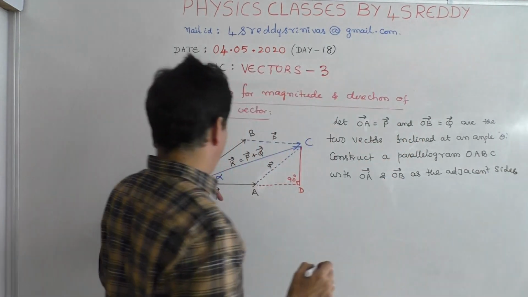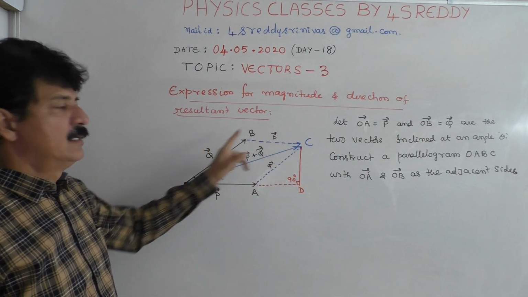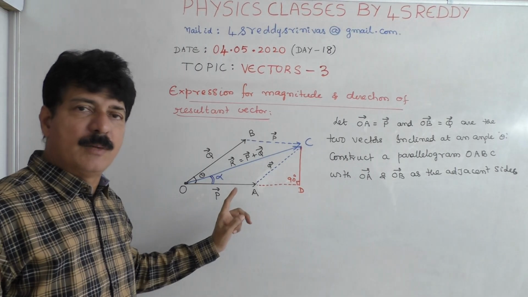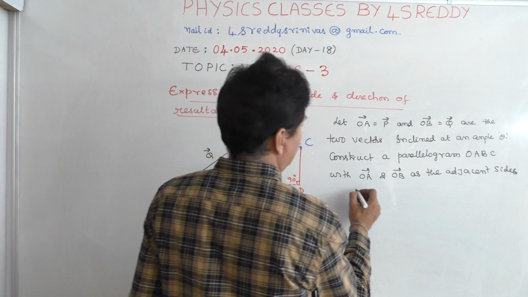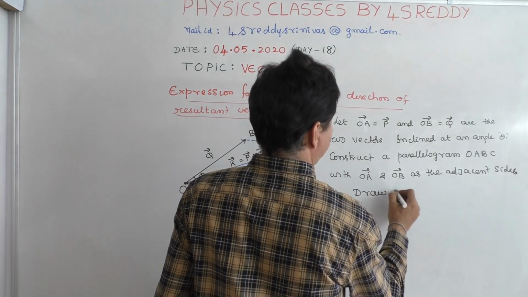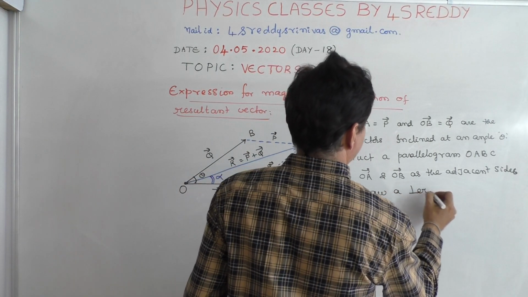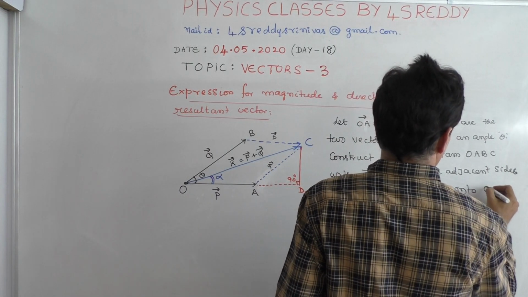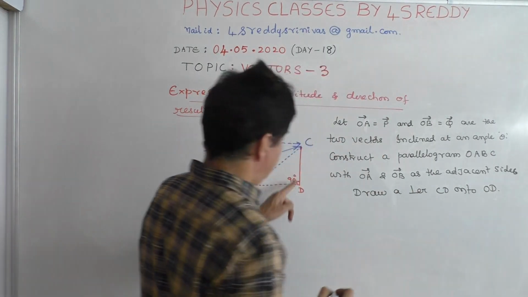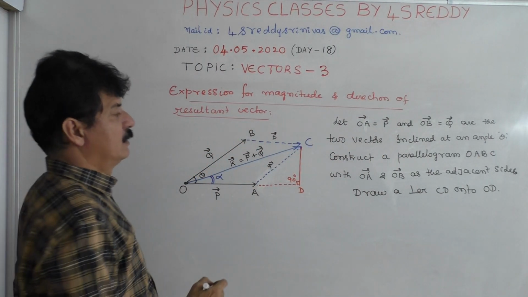Now with OA bar and OB bar as adjacent sides, we constructed a parallelogram OABC. Now draw a perpendicular CD onto OD. This is the perpendicular CD onto OD.